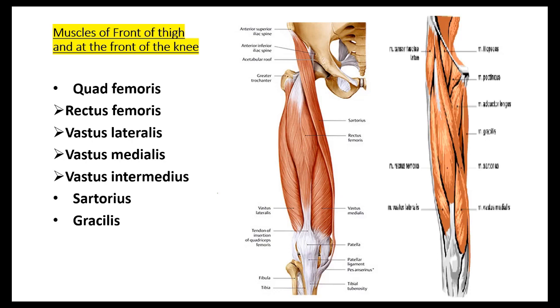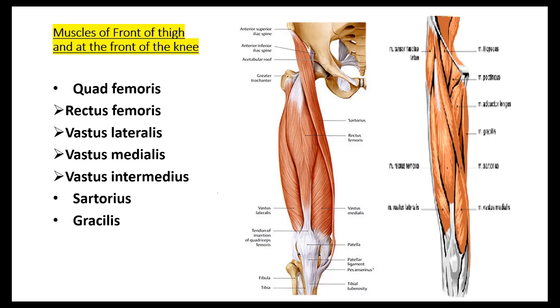Like, for example, now the four heads of the quadriceps arise from two bones, the pelvic bone as well as the femur. So the muscle which is attached the lowermost amongst these four heads, vastus intermedius, is the muscle that is attached to the anterolateral aspect of the shaft of the femur, and it is the lowermost structure to get attached between these two bones.